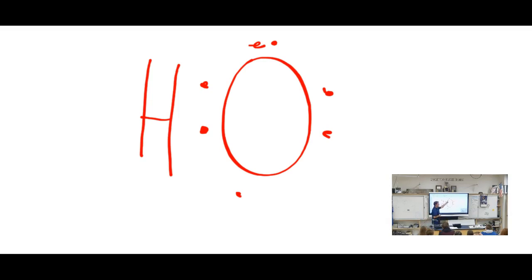Is oxygen happy now? Happier. Is it the happiest? No, because it needs another H with 1 more dot. Then its octet is complete, and we now have H2O. This is under your octet rule notes.